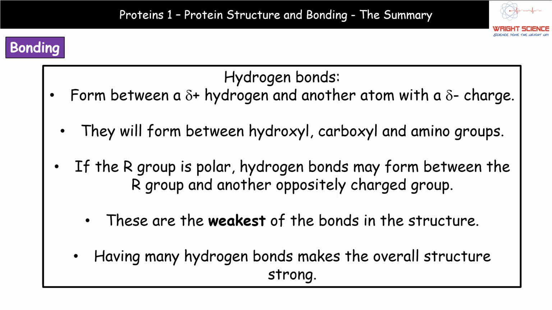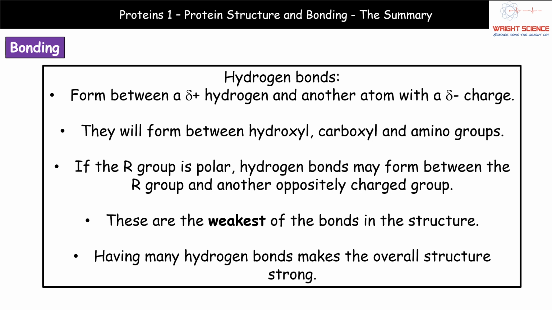Let's have a bit of a closer look at these key bonds then. First one, hydrogen bonds. We keep coming back to these in our biological molecules topic. If you don't remember the word hydrogen bonds, then I'm going to be very concerned about how your A-level is going to go. So, hydrogen bonds form between a delta positive hydrogen and another atom with that delta negative charge.